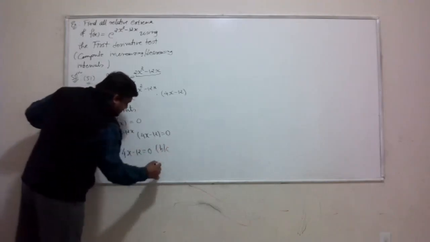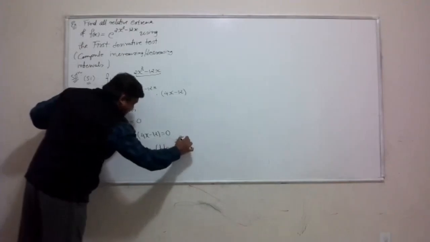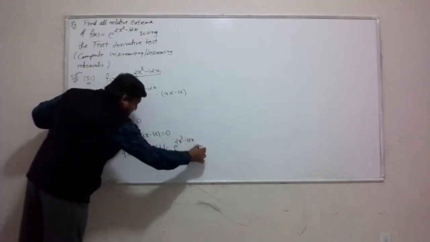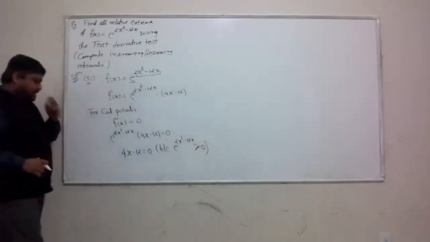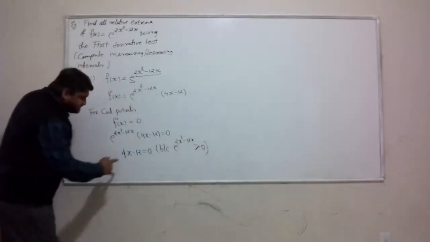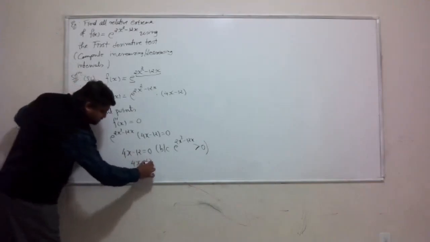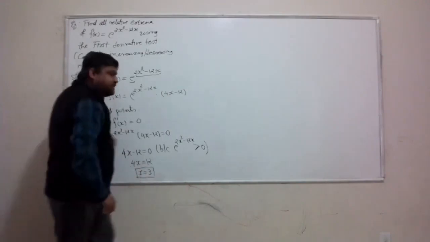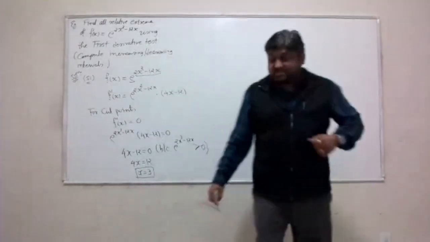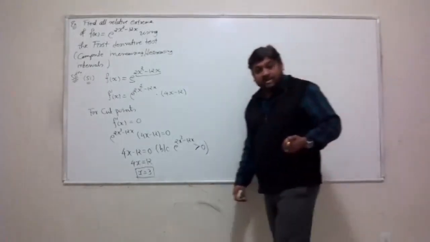The reason is very clear, because e to the anything is going to be strictly positive. Let me solve this for variable x. All right, it's a linear equation in x, pretty easy to solve. I get x equal to 3. There's only one cut point of f prime x, and that cut point is x equal to 3. All right.